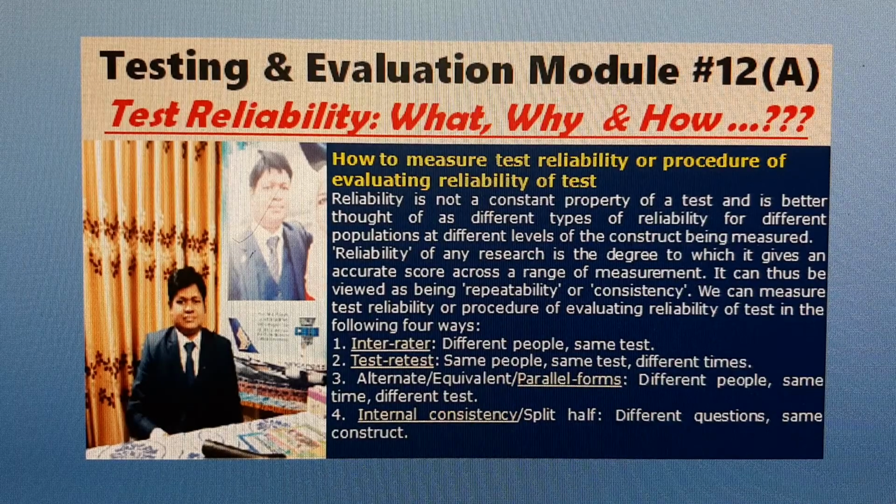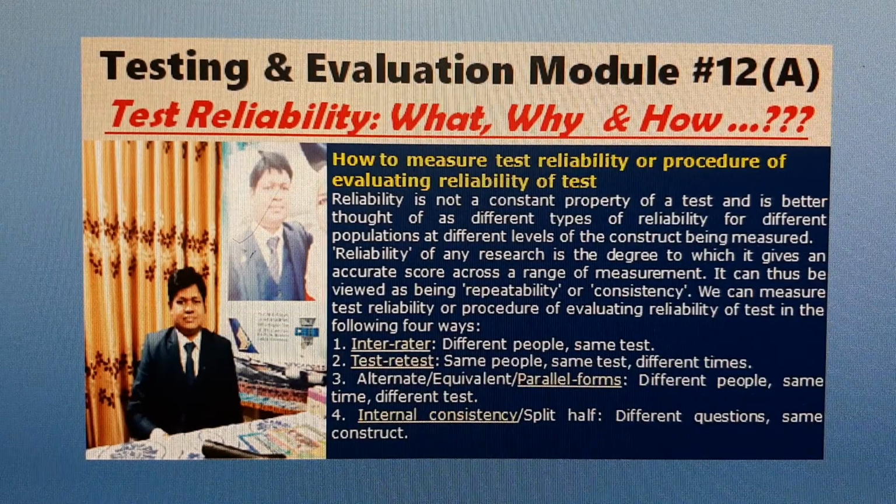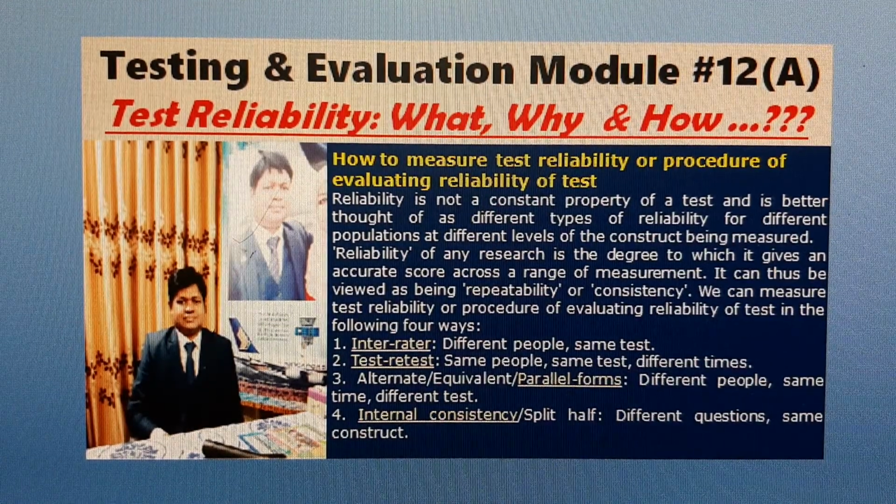Number 3, alternate, equivalent or parallel forms reliability, where same people, same time, different test. Number 4, internal consistency or split-half reliability, different questions, same construct. Now, I want to talk about it in detail.